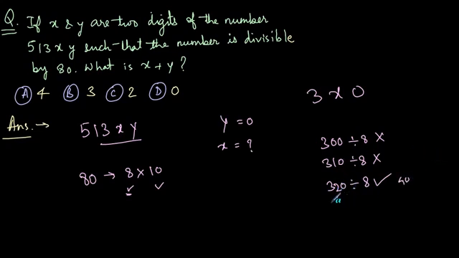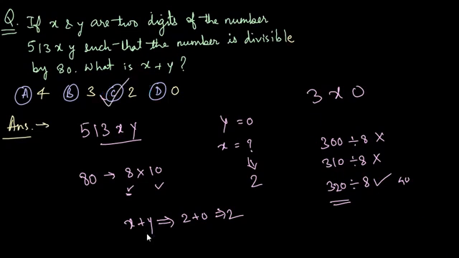So the answer is 40. So 320 is divisible by 8. So x should be equal to 2. So what should be the value of x plus y, which is 2 plus 0, which is 2. So the answer to this question should be option C.